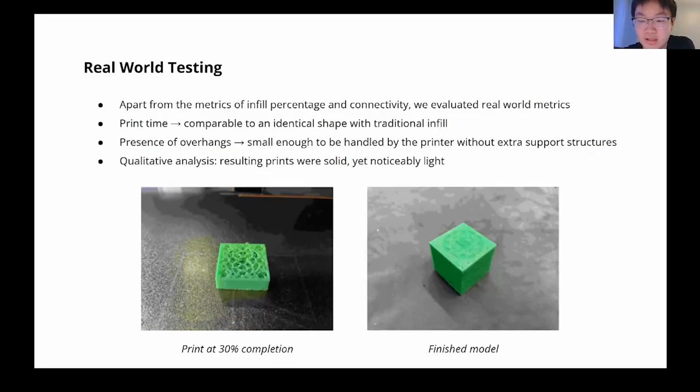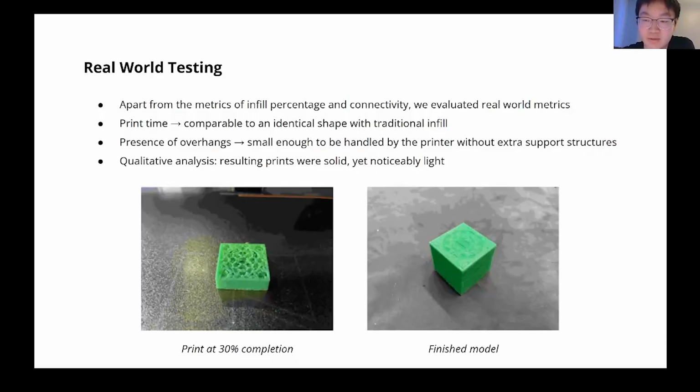And we also checked for the overhangs, and they were small enough that the printer could handle them without any additional support structures. As you can see in these two images, the first one was midway through at about 30% completion, and the other one is the final printed cube.